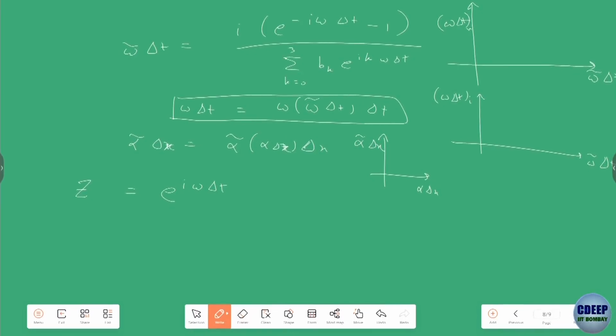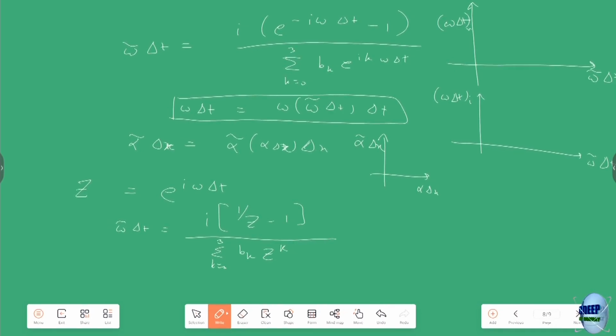So if you plug that in, then what we get is omega tilde delta t is equal to i, 1 by z minus 1, by summation k equal to 0 to 3 of b_k z to the power k.